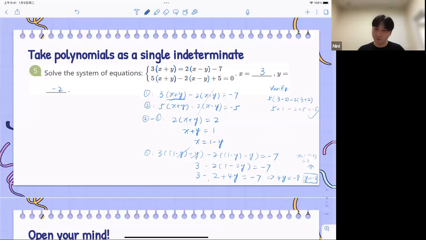For me, personally, I can treat x plus y as a single stuff, but if you are not so comfortable, you can also represent x plus y with another letter. You pick A, that's totally fine. You can also pick some other letter like M, W, whatever you want. So you can also put it in this way. This also works, so it will be easier for you to follow.